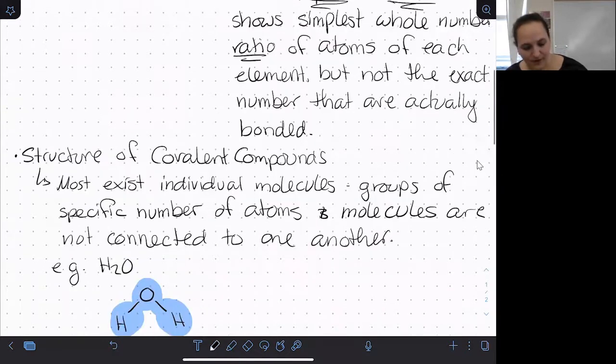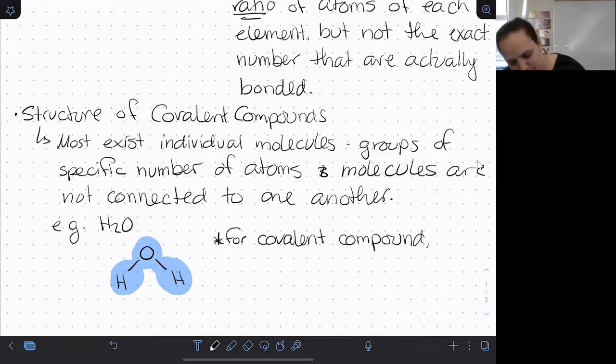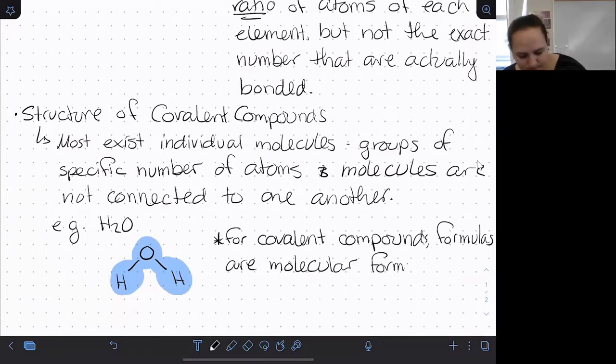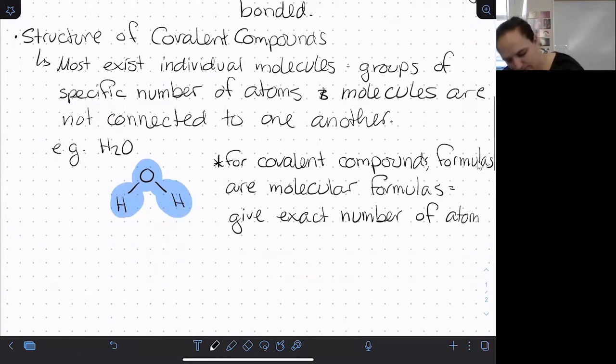So for covalent compounds, the formulas that we use are what are known as molecular formulas, which give the exact number of atoms of each type, not just the ratio.